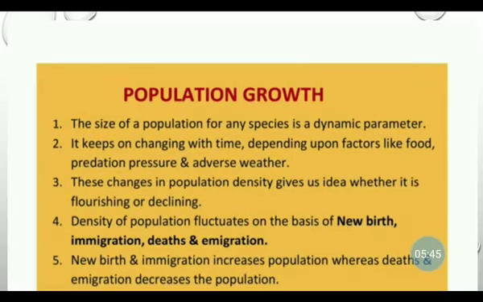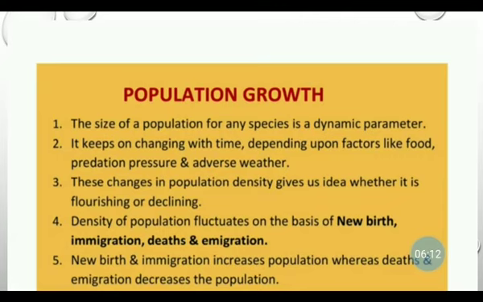Population growth. The size of a population for any species is a dynamic parameter. It keeps on changing with time depending upon factors like food, predation pressure, and adverse weather. These changes in population density give us an idea whether it is flourishing or declining.